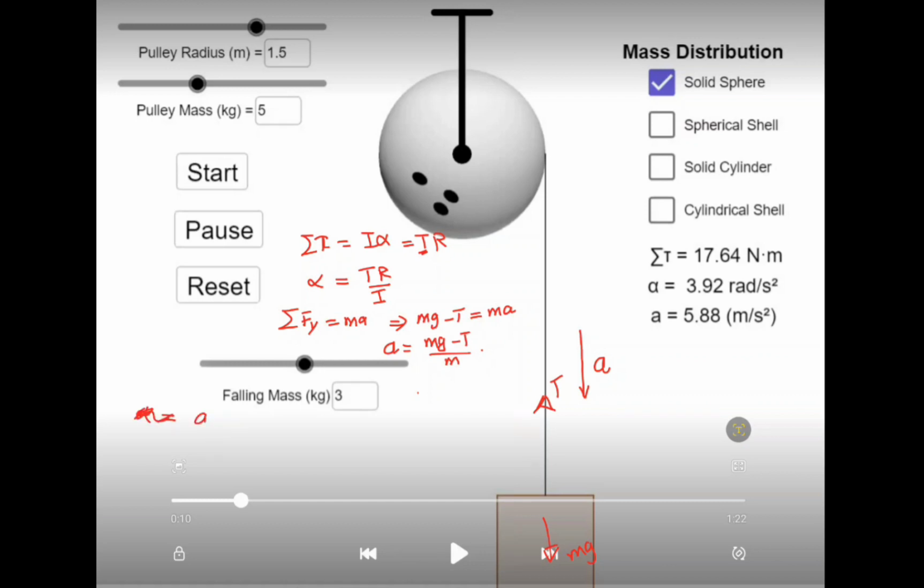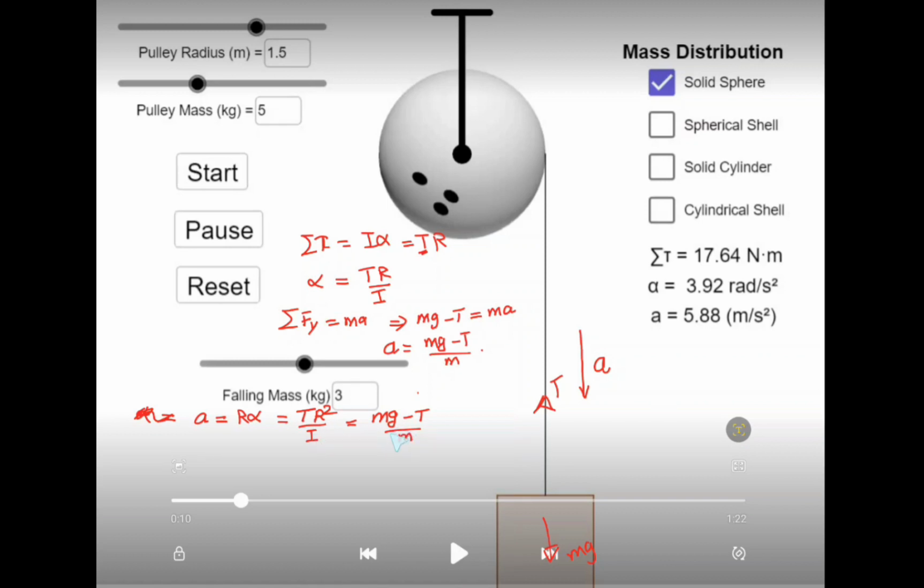Now a is equal to R alpha, or equal to TR square over I. In other words, mg minus tension over m.